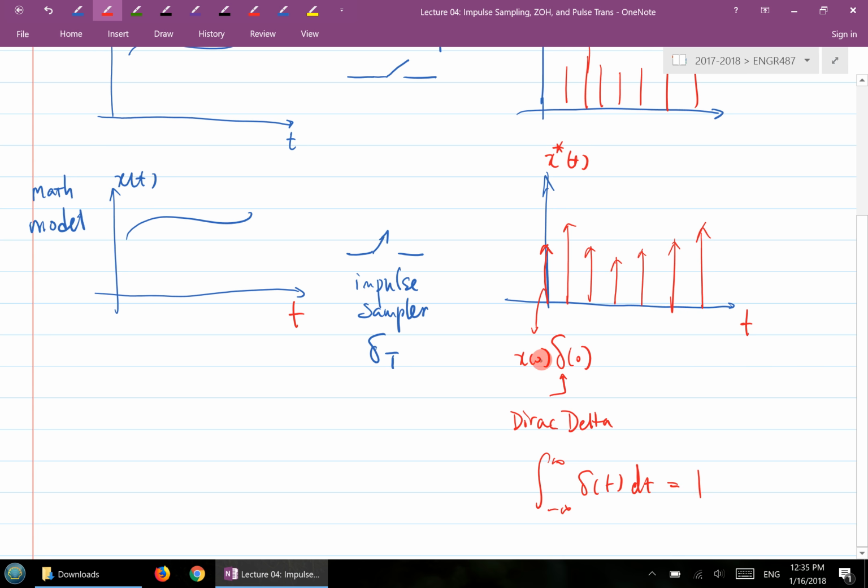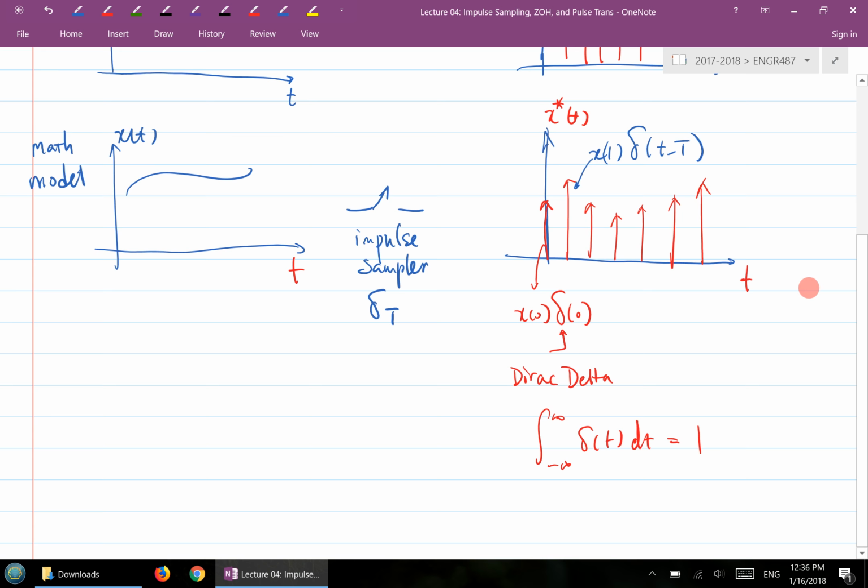So the x naught here represents the magnitude of this Dirac delta. Same thing for the second one, which will be x1 times delta of t minus T, where T is the sampling time, right? Correspondingly you can write down the rest of them. So that's what x star of t is. It consists of an infinite number of impulses. That's the mathematical model for this sampling process.